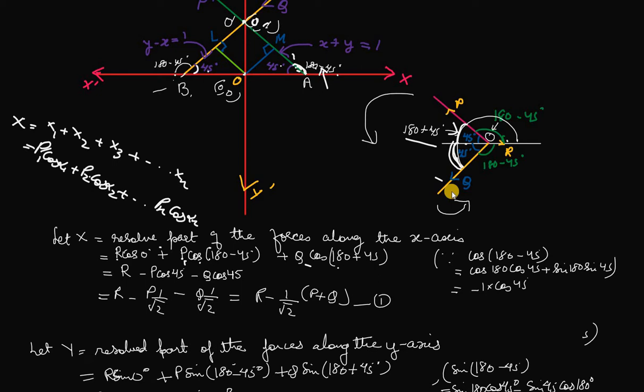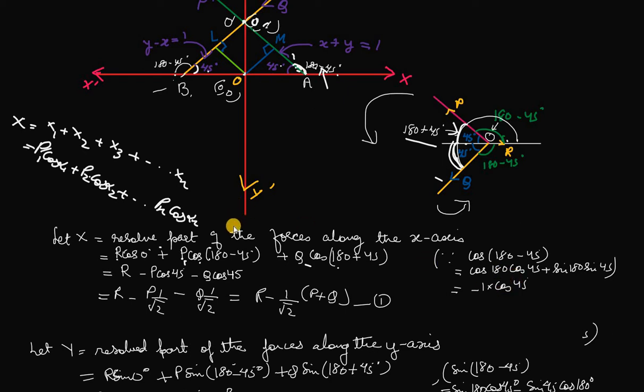Using the formula cos of A minus B, cos of 180 minus 45 is equal to cos 180 into cos 45 plus sin 180 into sin 45, which is equal to minus 1 into cos 45, because cos of 180 is minus 1.